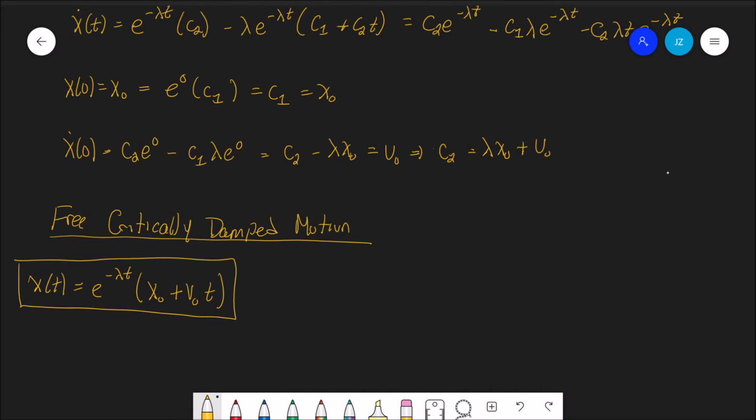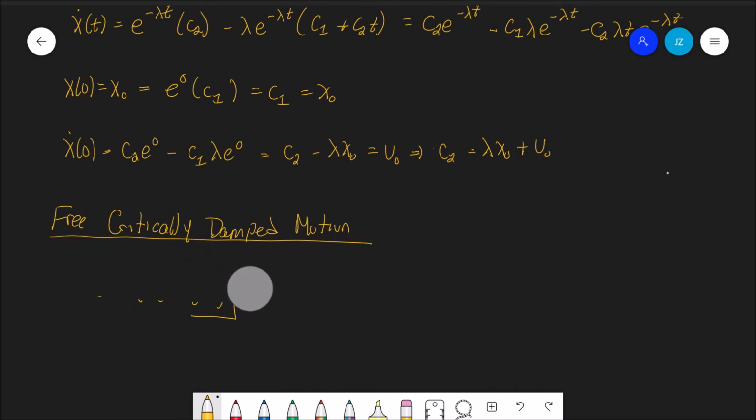I'm sorry, that's wrong. It's x of t equals e to the negative lambda t times x naught plus lambda x naught plus V naught times t.